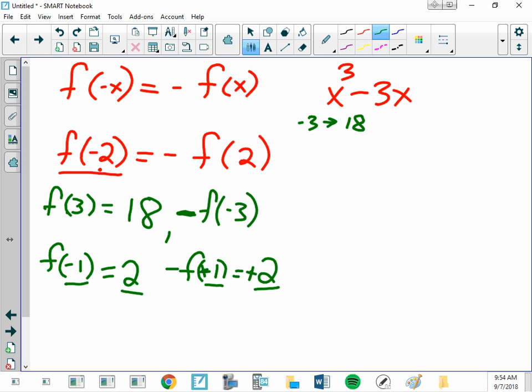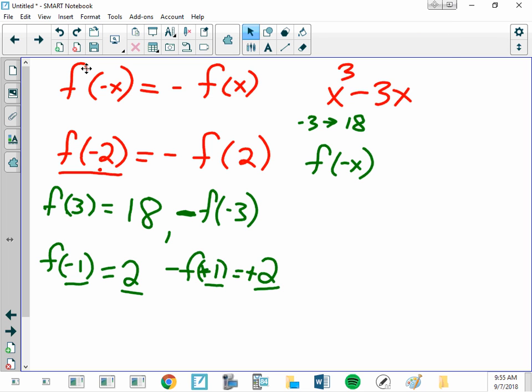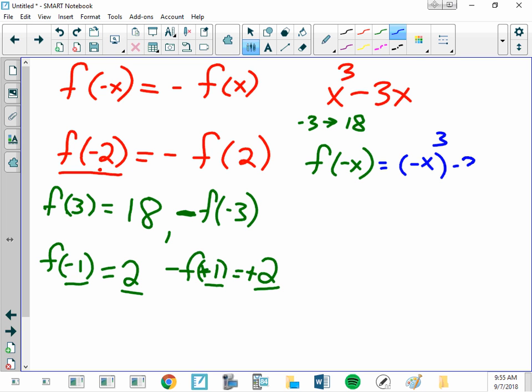All right. Well, once again, just showing that something works a couple times is not enough to guarantee that it works forever. So we have to plug in negative x. So f of negative x. What would that look like? So it's negative x, parenthesis, to the third, minus 3 times negative x. What is negative x times negative x times negative x?